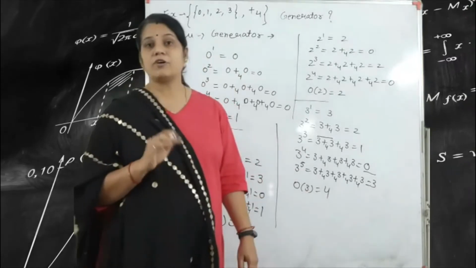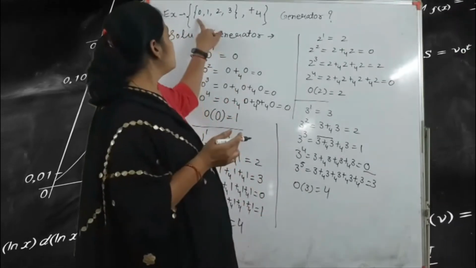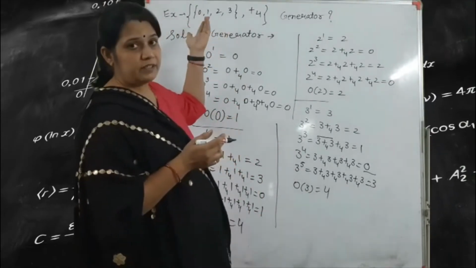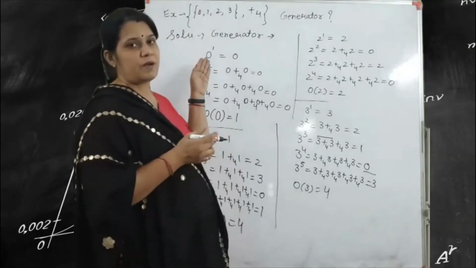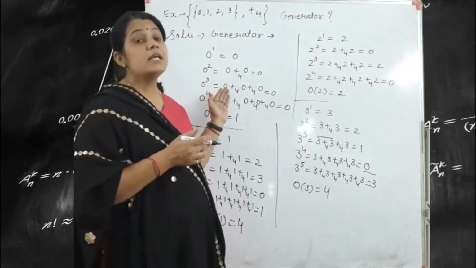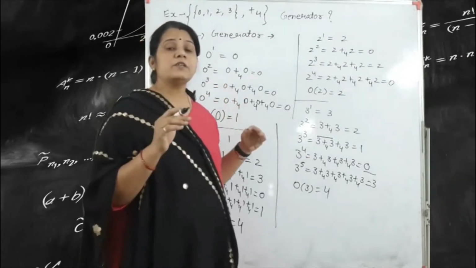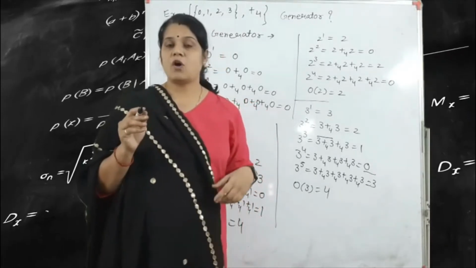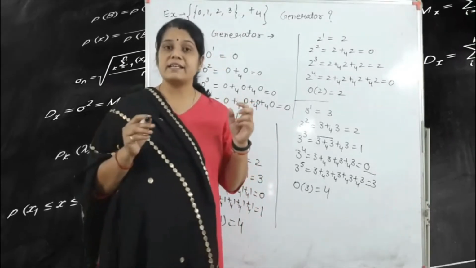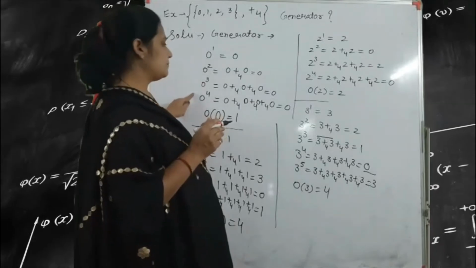That means for finding the generator, you consider the elements one by one. So first element 0, we find 0 power 1, 0 power 2, 0 power 3, because according to our definition of the generator, the order of an element means every element we write in the form of this term.